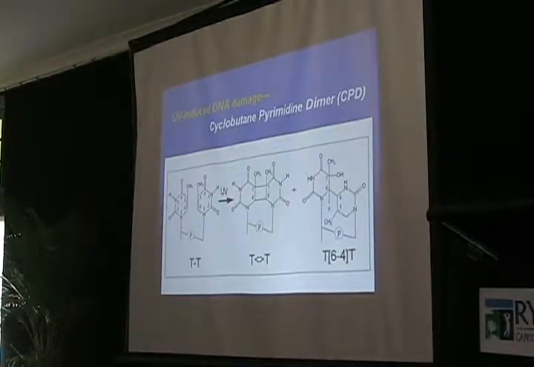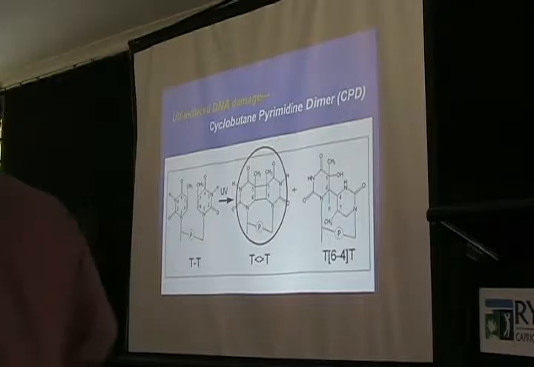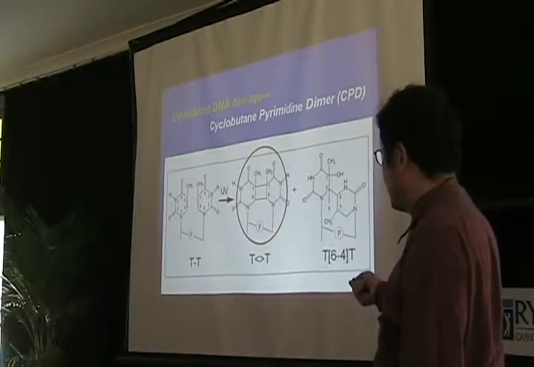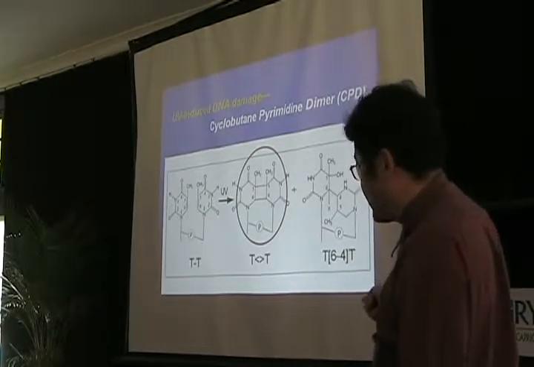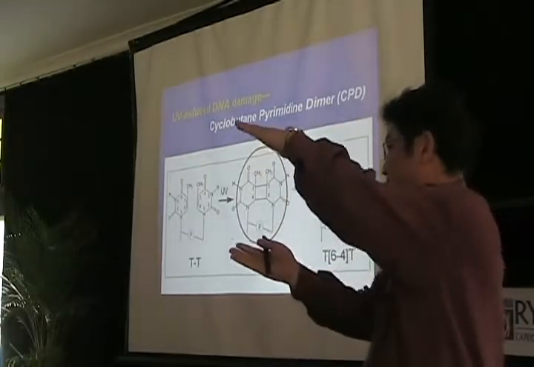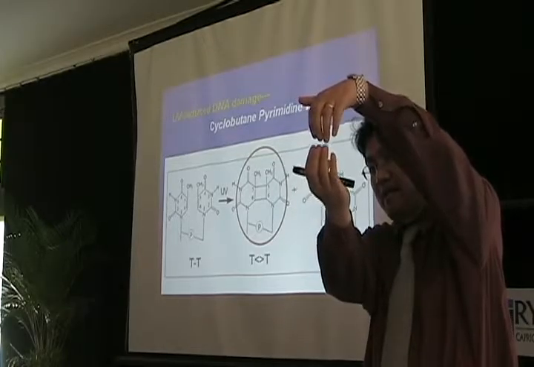So you know, in nature, if exposed to UV, 75 to 80% is TT dimer damage, and only 20% is called 6-4 damage. So keep in mind, this TT is not a cross-link; it's in the same strand. So T is up and down, okay?